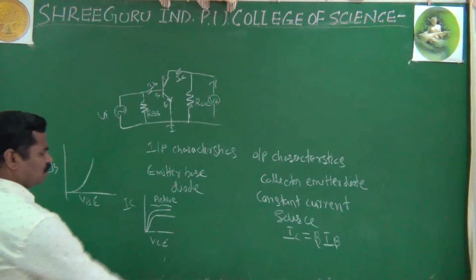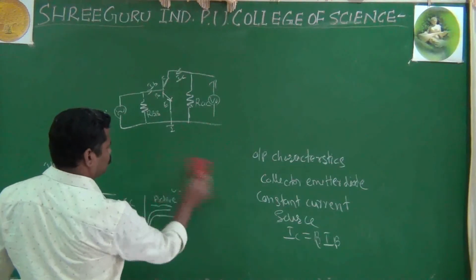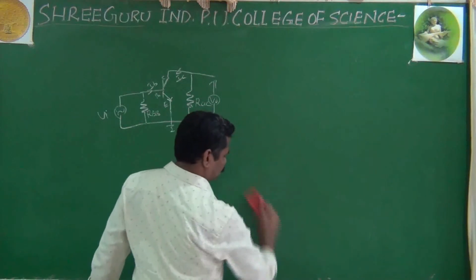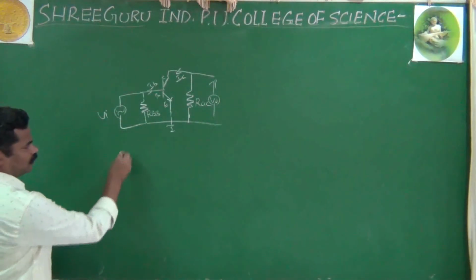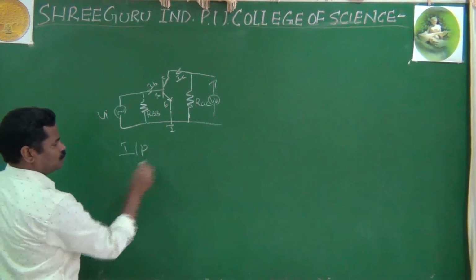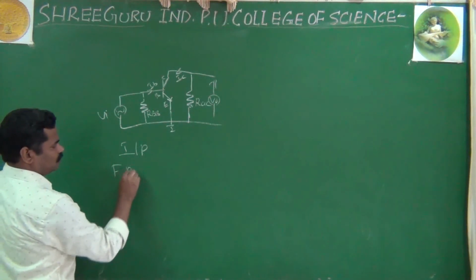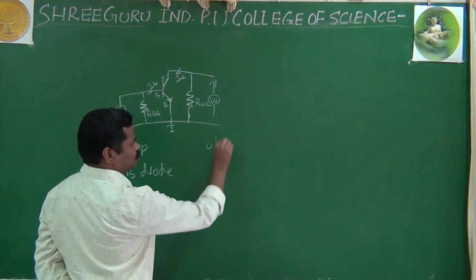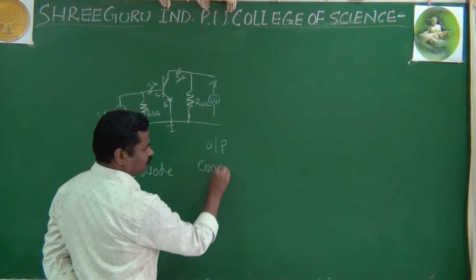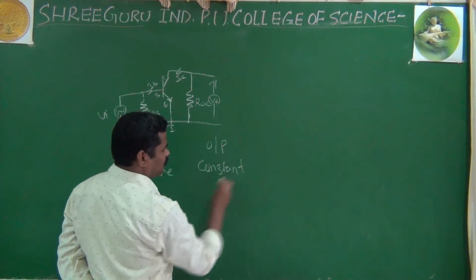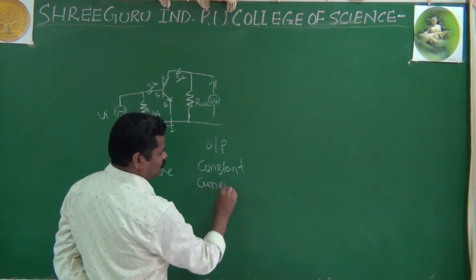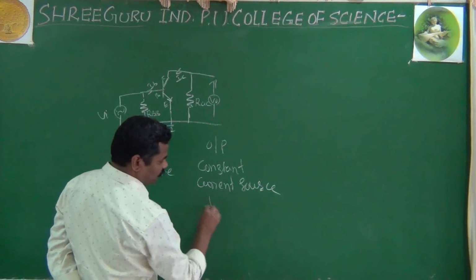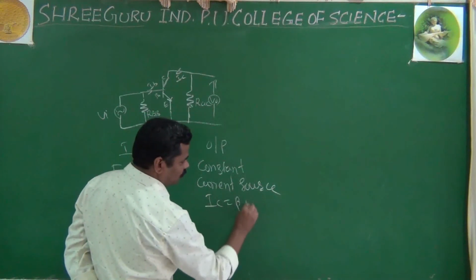Don't get confused here. Simply, the input section is used as a forward bias diode, a normal diode. But in the output section, the transistor becomes a constant current source. You can write IC is equal to beta into IB.